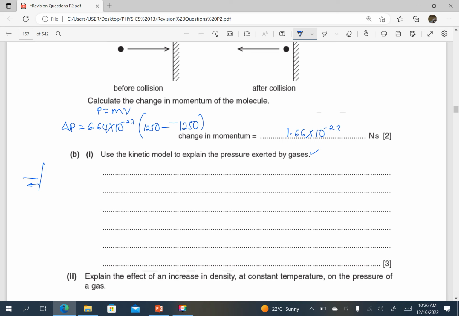So molecules of the gas collide with the wall, and there is a change in momentum.